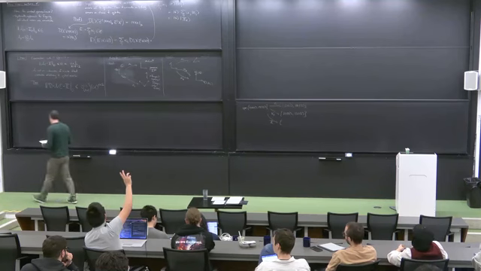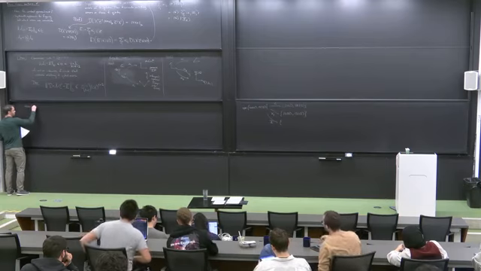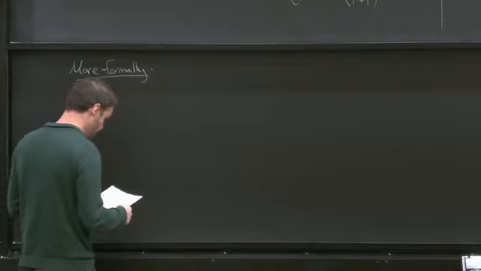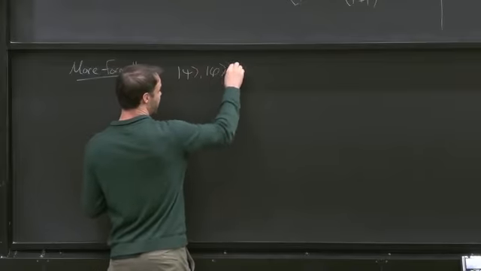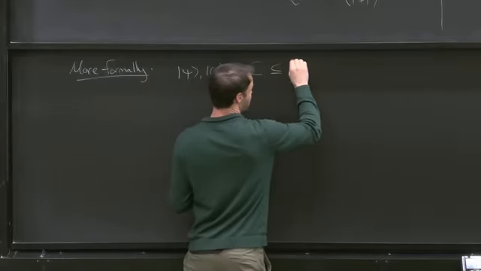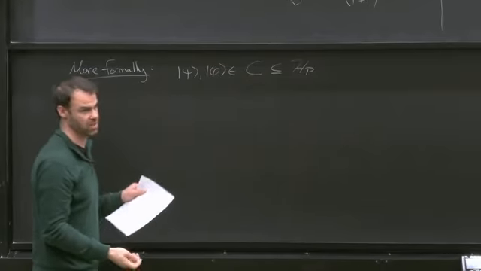Okay, good. So let's be more formal. I have two states, psi and phi, in the code space, which is some subspace of the physical space. It's the image of the encoding.